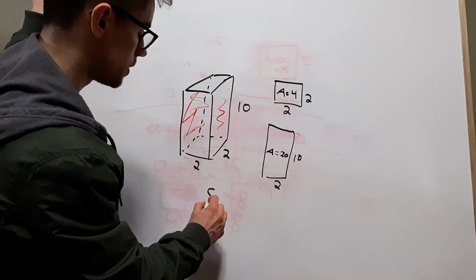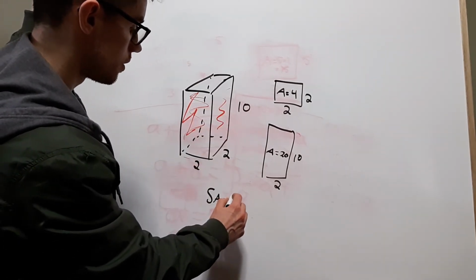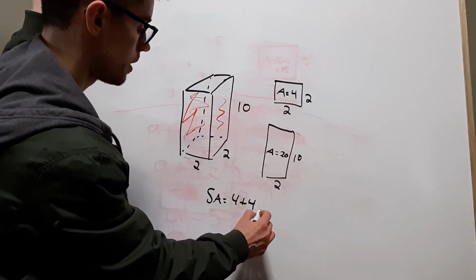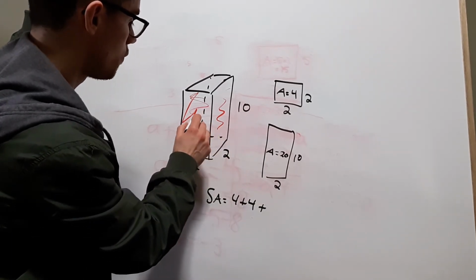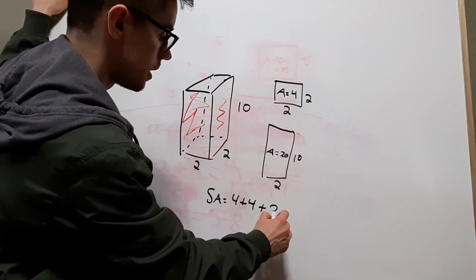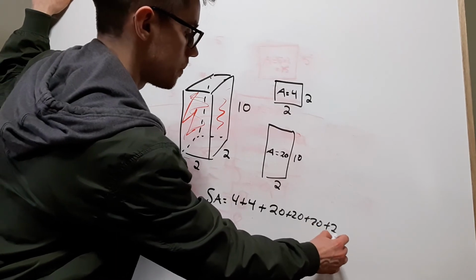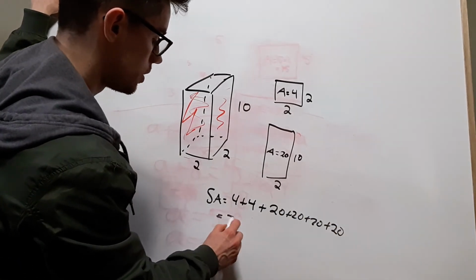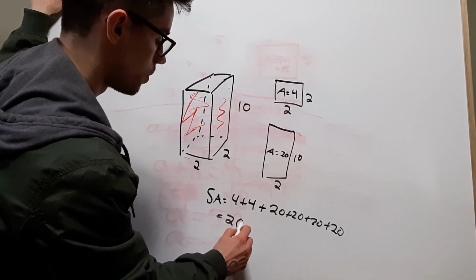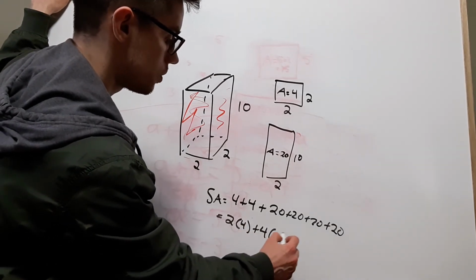So the total surface area is going to be the top and the bottom, which is 4 plus 4. But then I'm going to have 4 of the sides, which is going to be 20 plus 20 plus 20 plus 20. In other words, that is 2 multiplied by 4 and 4 multiplied by 20.